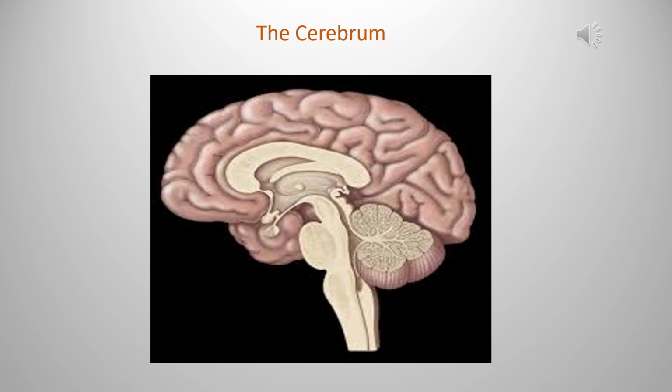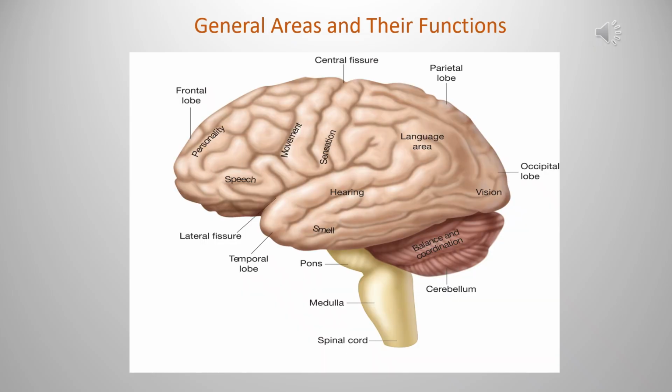Okay, so let's look at the external view of the cerebrum and the general areas of function that we know something about. Next slide, please. Well, without too much attention to detail here, just a general look at the cerebrum with its lobes and some of the functions that are associated with particular areas of the cerebrum.